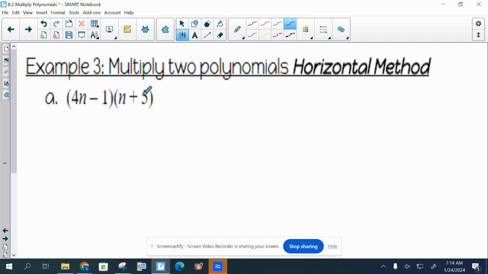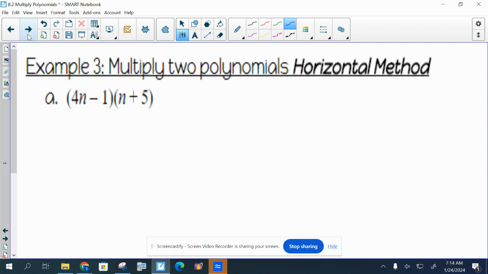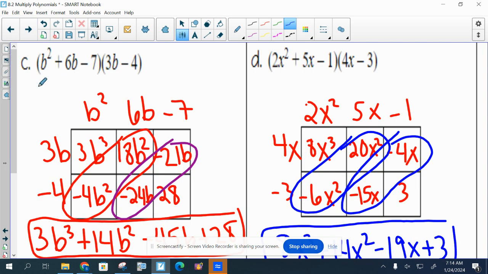So if you don't like this method, just know that there is another method called the horizontal method. So basically what we're doing when we do the box method is we do this term times this, then this term times that, and so on.